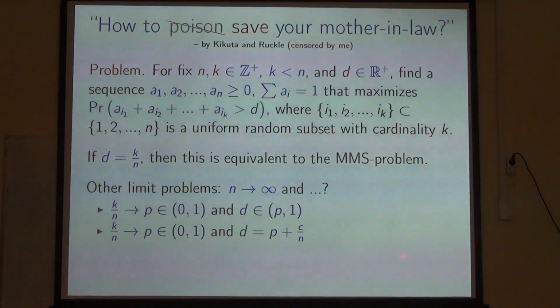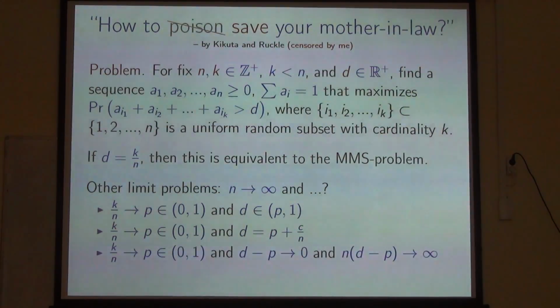Another interesting case: if the critical dose is just a little bit larger than this ratio, on a scale of 1 over n, which is the boundary, then the difference still tends to 0, but the difference is more than a constant divided by n.